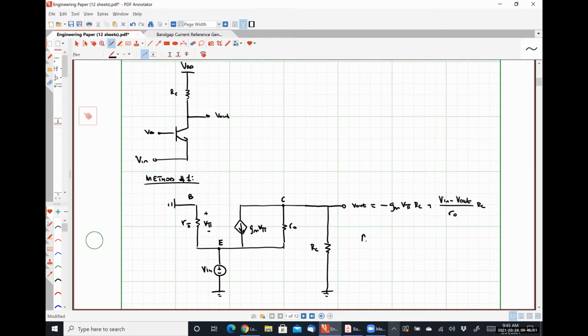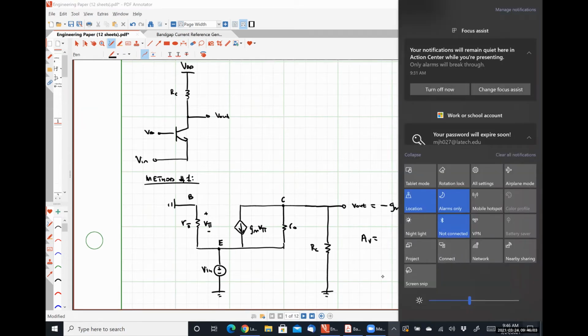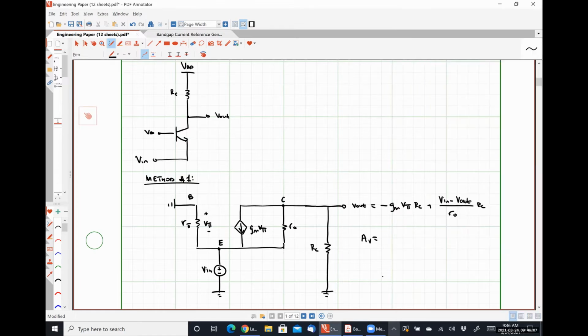And this would lead me to a gain relationship of AV is equal to GM RC plus RC over R naught, divided by 1 plus RC over R naught, which I can simplify to be RC over R naught plus RC plus GM R naught RC over R naught plus RC.